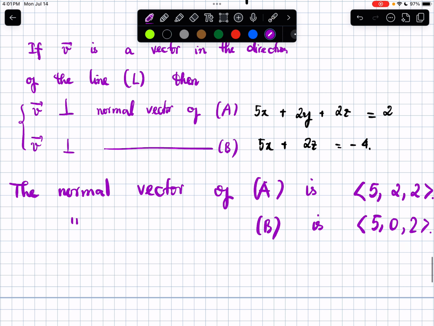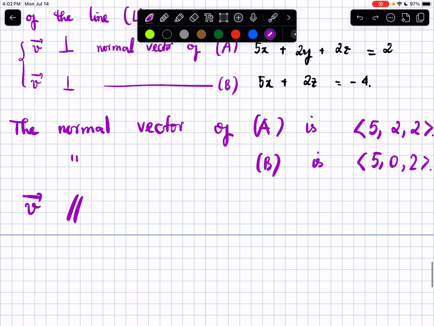So V is parallel to the cross product of the two vectors, because the cross product of the two vectors is perpendicular to both. So V is in the same direction as the cross product of, say, N1, normal vector 1, and normal vector 2, N1 cross N2.